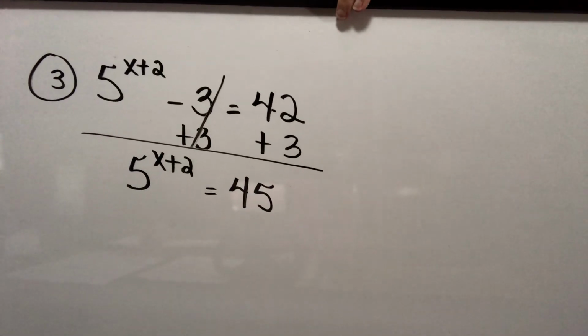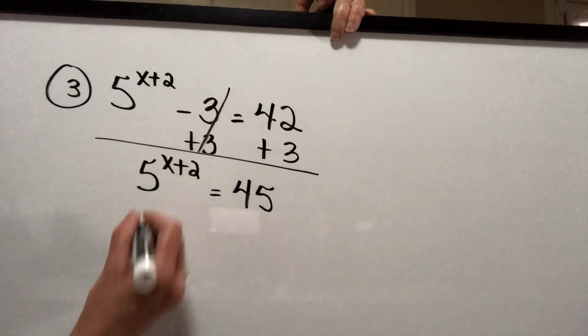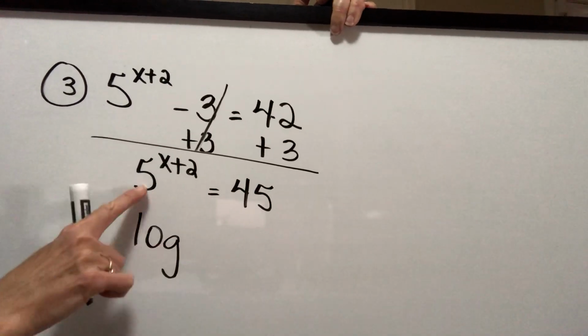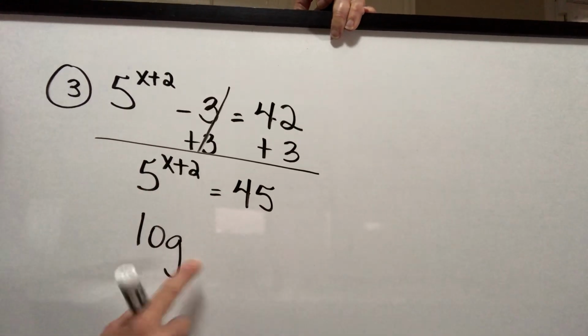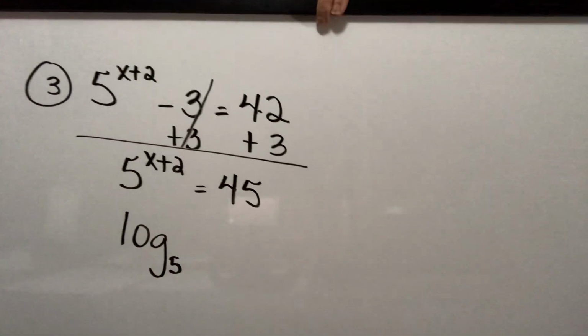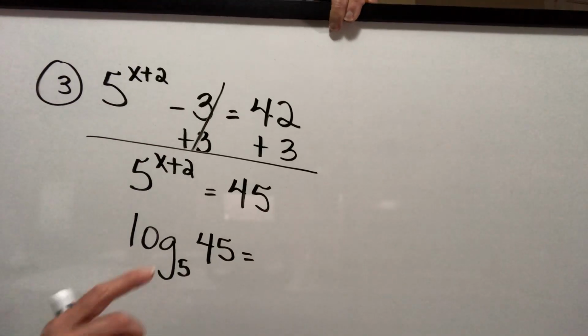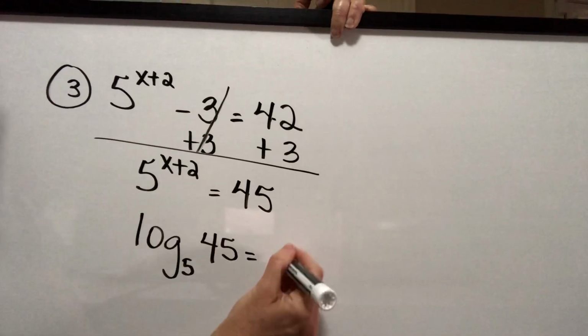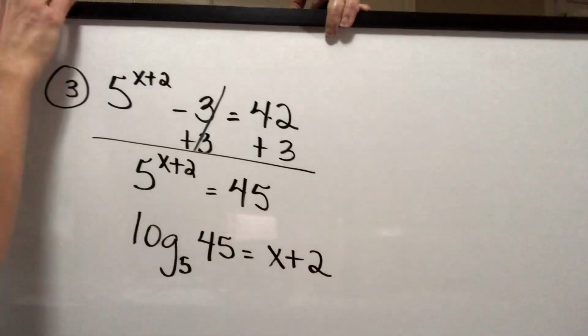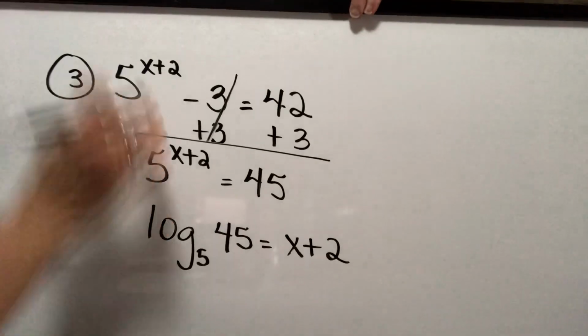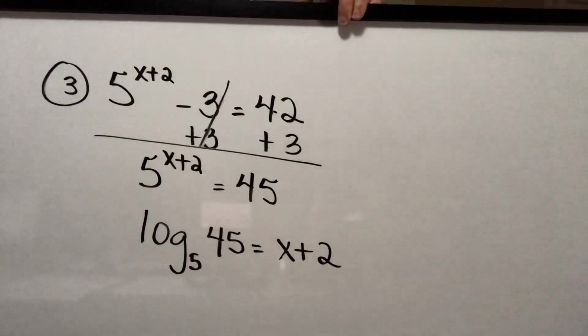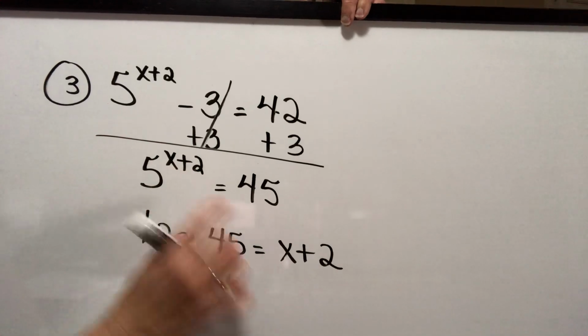Okay, so then we will change this to a logarithm. The base 5 of the exponential will be the same thing as the base of the log, base 5. The 45 will be the number that we take the log of, and then it will equal the exponent x plus 2. Okay, so remember the exponent was not just x, it was x plus 2.